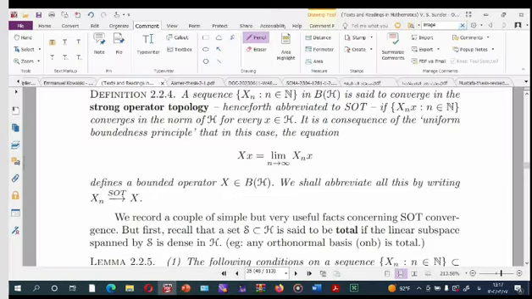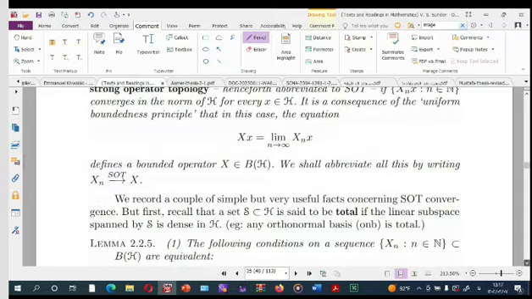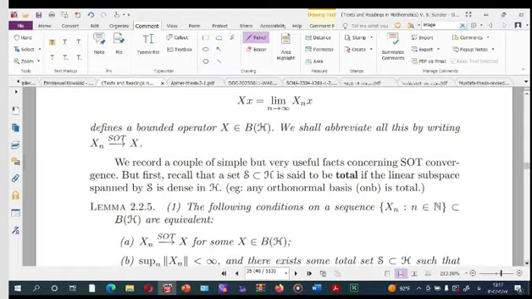This is a very important and useful topology on B of H, because you know that we have other topologies in B of H such as the norm topology, okay? But this is another topology, different from the norm.